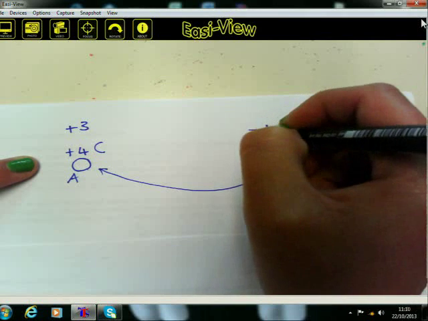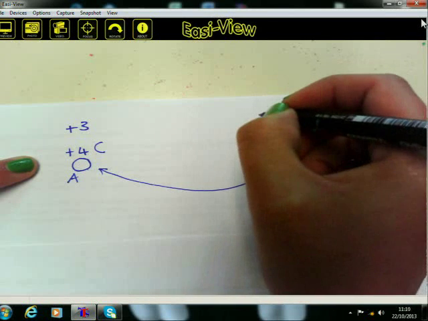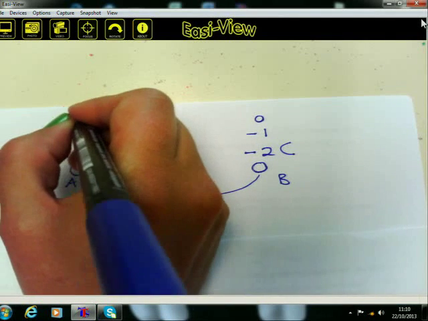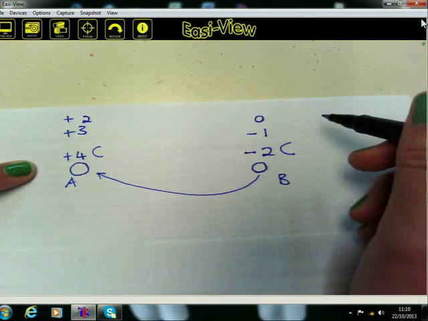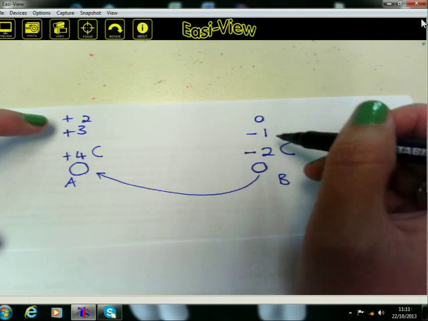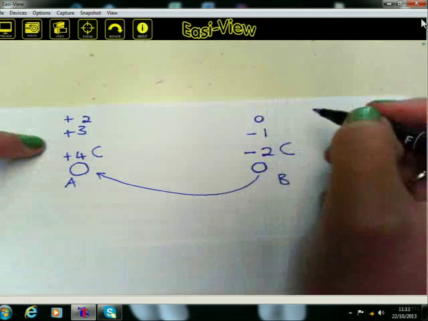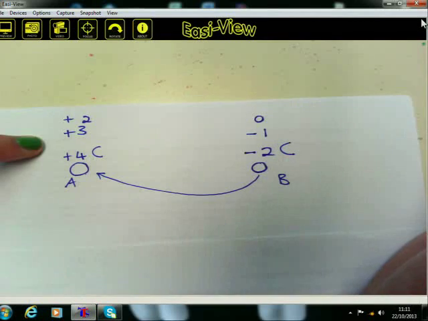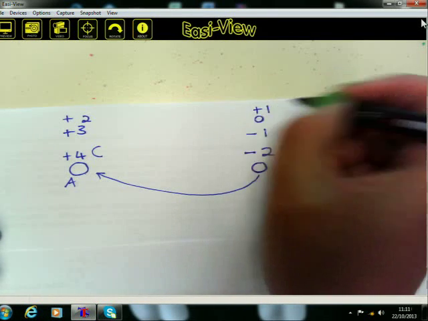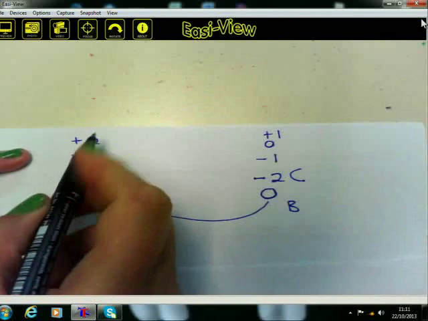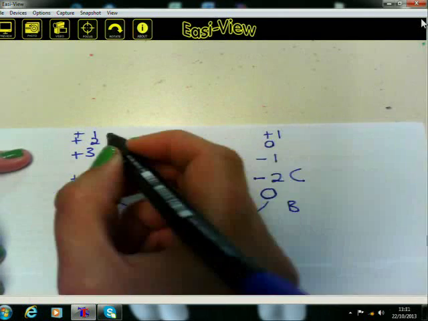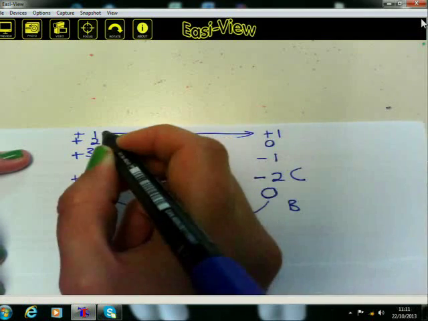From -1, if it loses one more negative, it goes to 0. This one gains a negative, plus 2. We're not equal yet. We have a 0 and a plus 2. So we give one more negative away. Remember, when you give a negative away, you become more positive. So this one becomes plus 1 then. And if this one gains a negative, it becomes plus 1. And we have the same charge of plus 1.